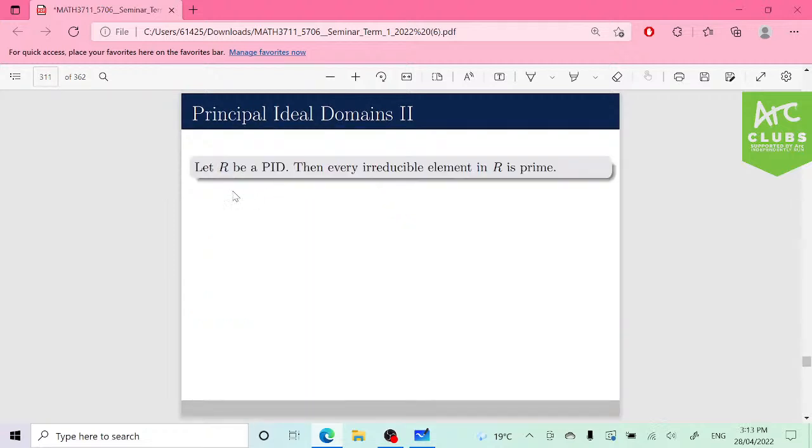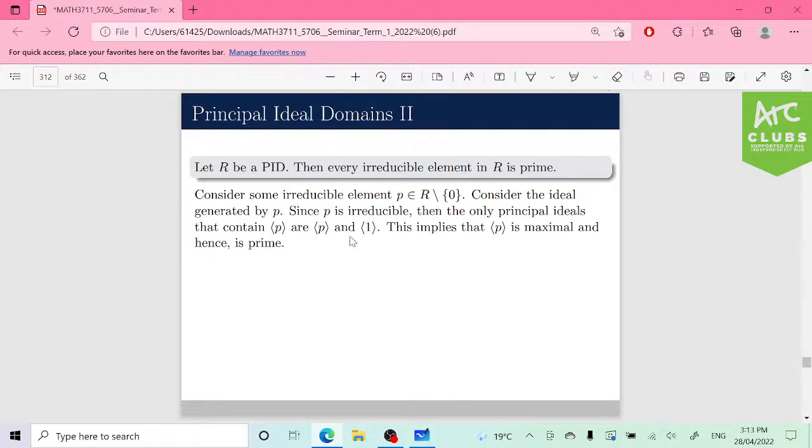Okay, so it turns out that inside a principal ideal domain, every irreducible element in R is prime. The way that you can show this is by looking at the previous results that we had. So if you consider some irreducible element P that's non-zero, then you can also consider the ideal generated by P. And because we belong in a principal ideal domain, the ideal generated by P is precisely going to be a principal ideal.